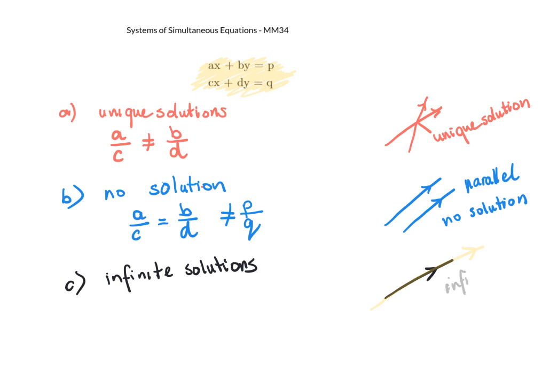Infinite solutions, really the same line. For this to happen, the ratio of the coefficients, again, need to be equal, but also the intercept would need to be equal.